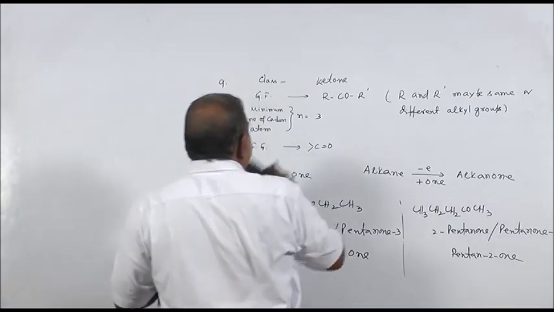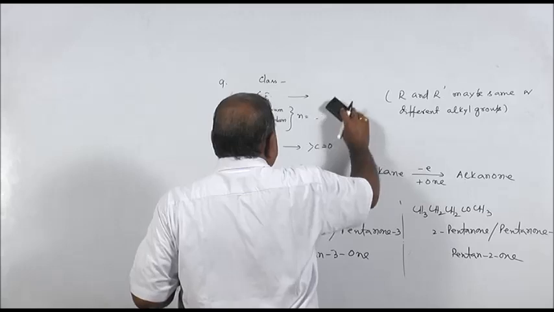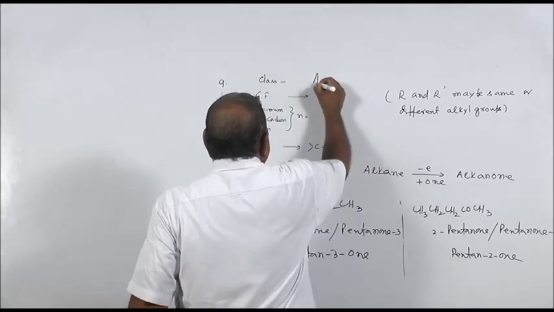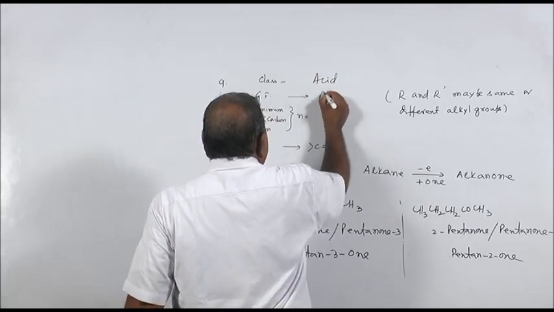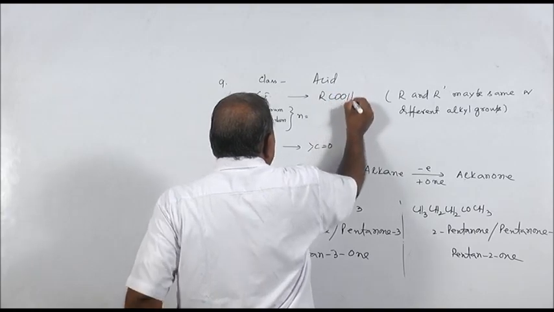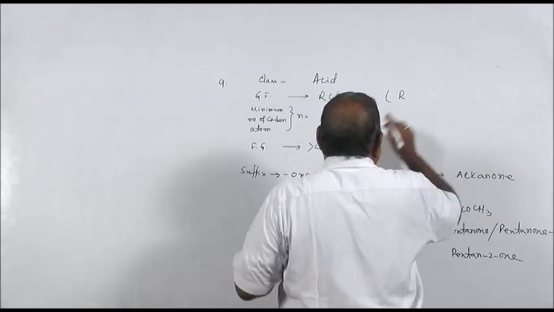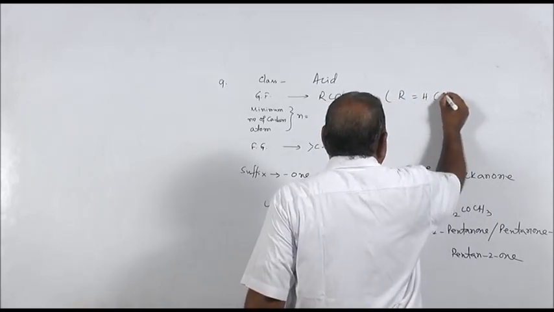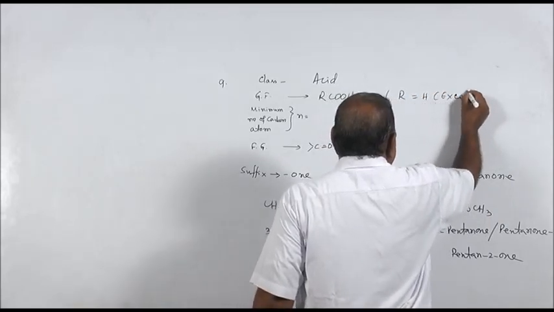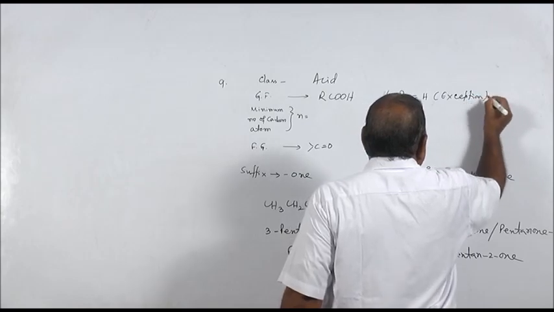The next one is acid. The general formula is RCOOH. Here again R can be hydrogen, which is an exception. Normally R stands for an alkyl group.